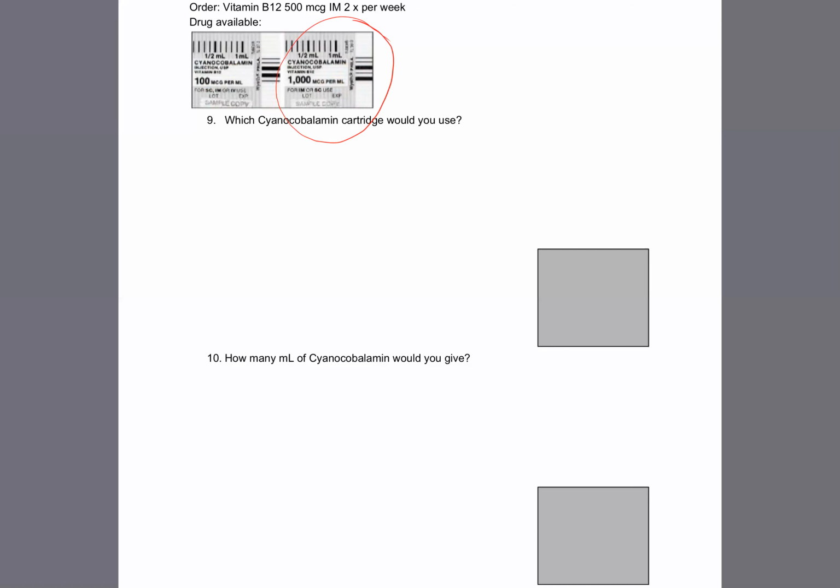Number 10 is asking how many mLs of vitamin B12 would you give? So let's go ahead and figure that out. We're going to look for mLs per dose. Your order is 500 micrograms per dose.